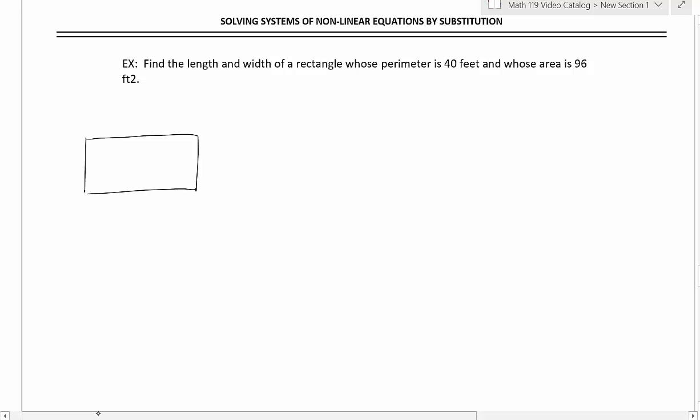They don't tell us anything about the length or the width, so I'm going to label these two x and these two y. The perimeter is 40 feet, so that'll be 2x plus 2y equals 40. And then the area, well, that's length times width with a rectangle, so x times y is equal to 96.